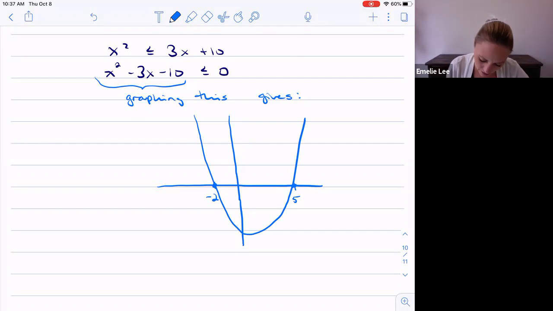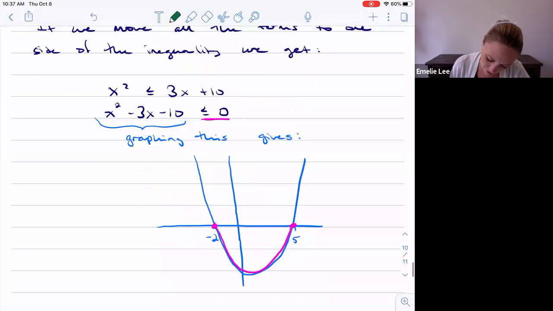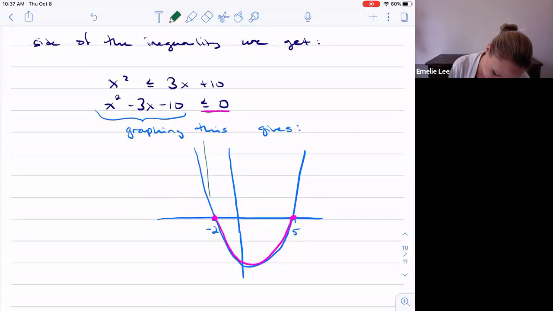And where it's less than or equal to 0, that's this whole region. All of these y's are below 0 because it's all below the x-axis. And so here, the region where this is true is that shaded region that it gave us originally.